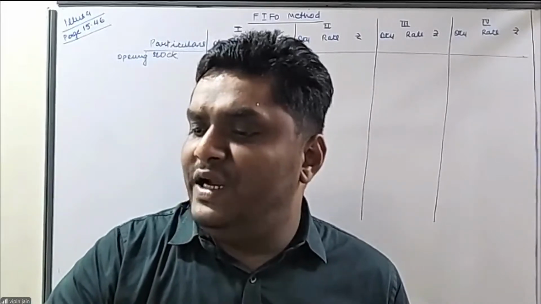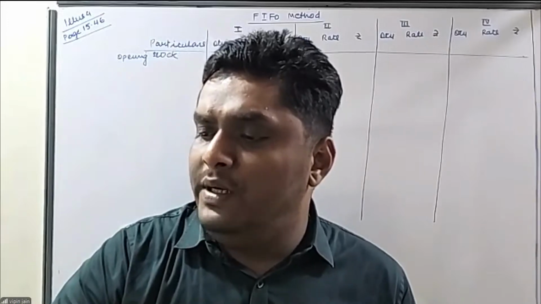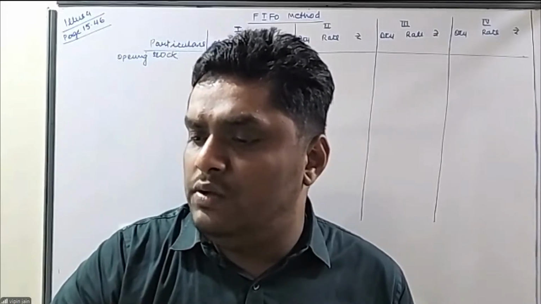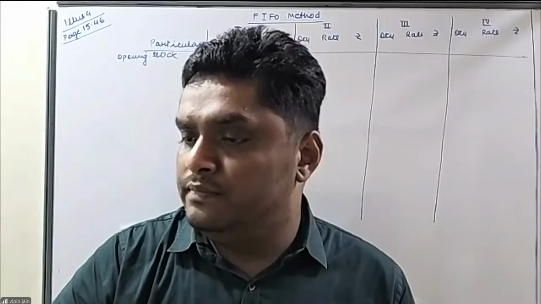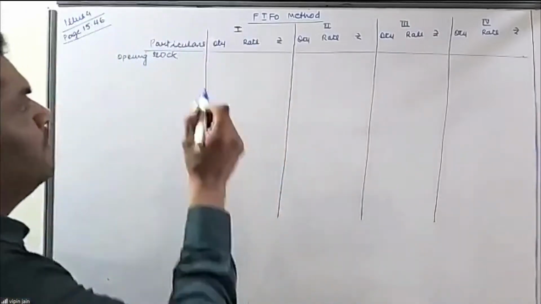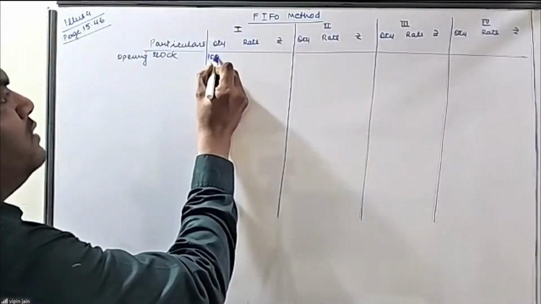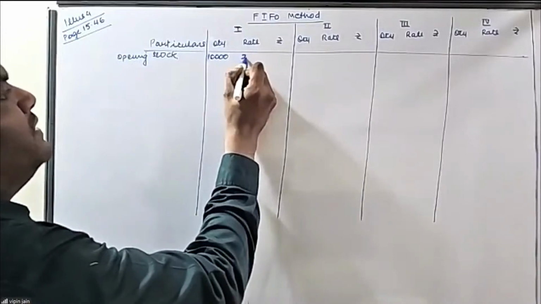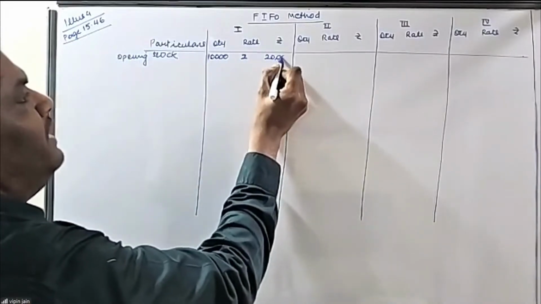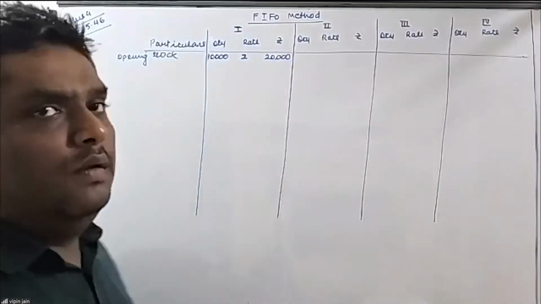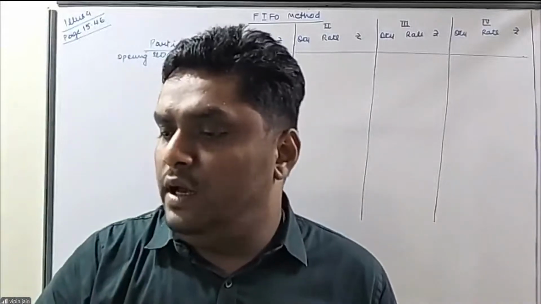The last paragraph, that is the value of opening stock of raw material at the beginning of the year, is 20,000. So quantity is 10,000, rate is rupees 2, so the total amount is 20,000. We have the opening stock now.